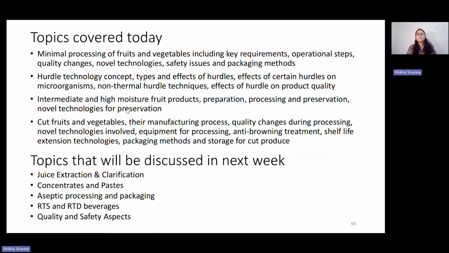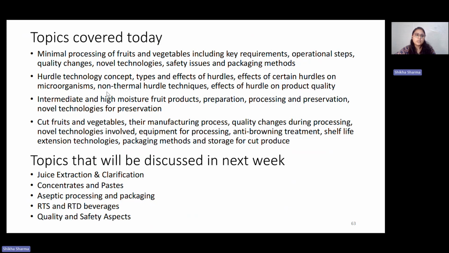Okay, so the topics we covered today are mainly the minimal processing of fruits and vegetables. It includes the different key requirements or operational steps, what quality changes occur, and what safety issues can be there.